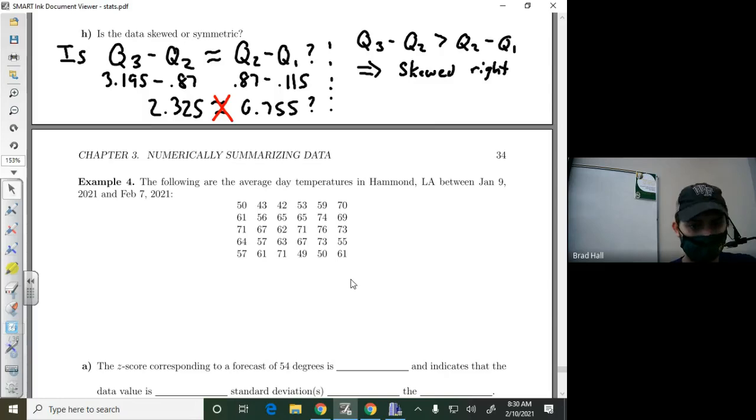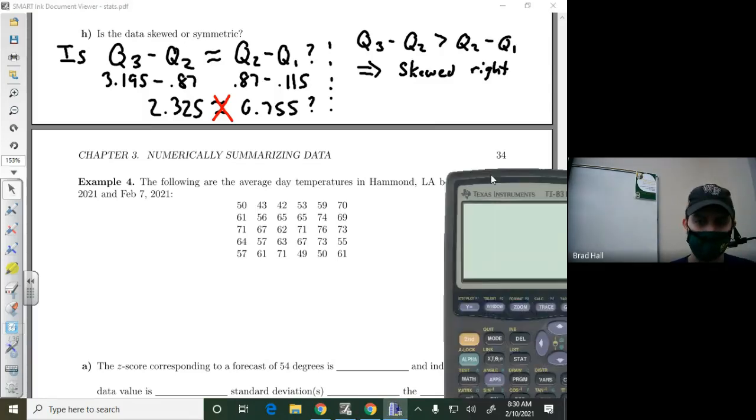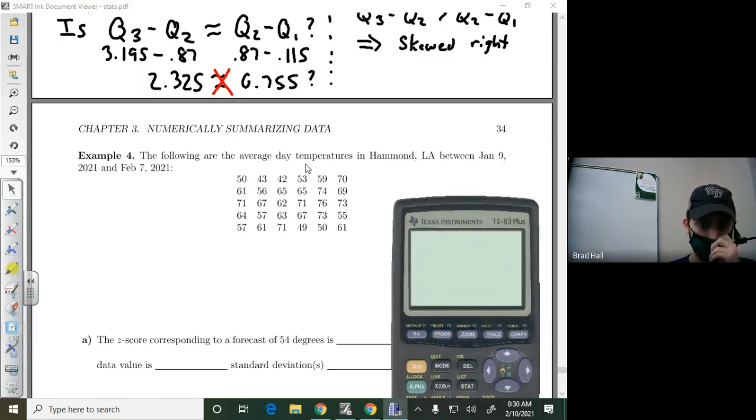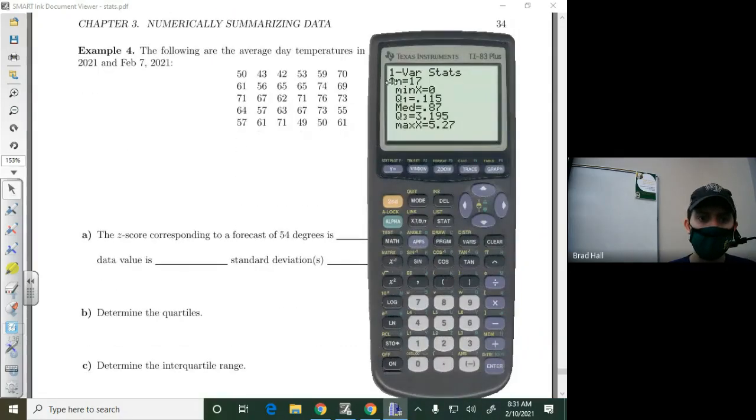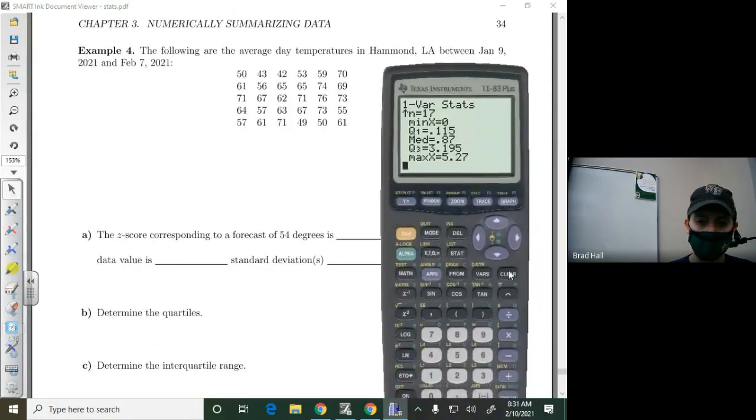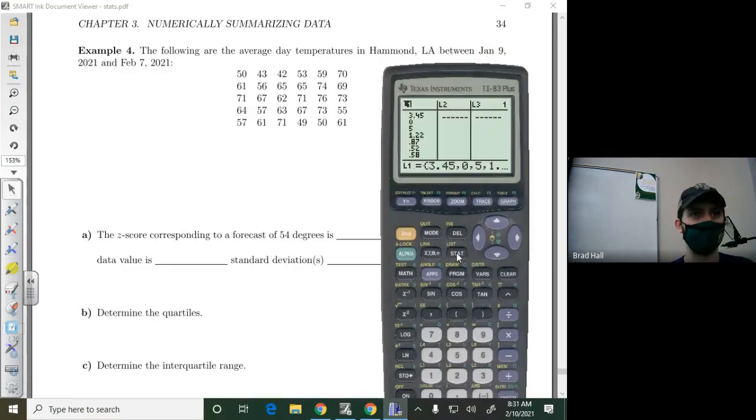So as you would imagine, I'm about to take all these values and plug them straight into the calculator. Or you can clear a list by going up to the list name, just pressing clear, enter. I'll go ahead and type in all these.